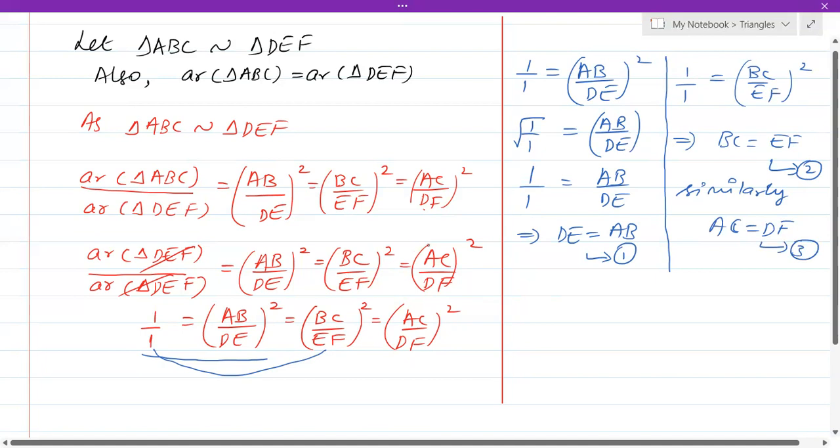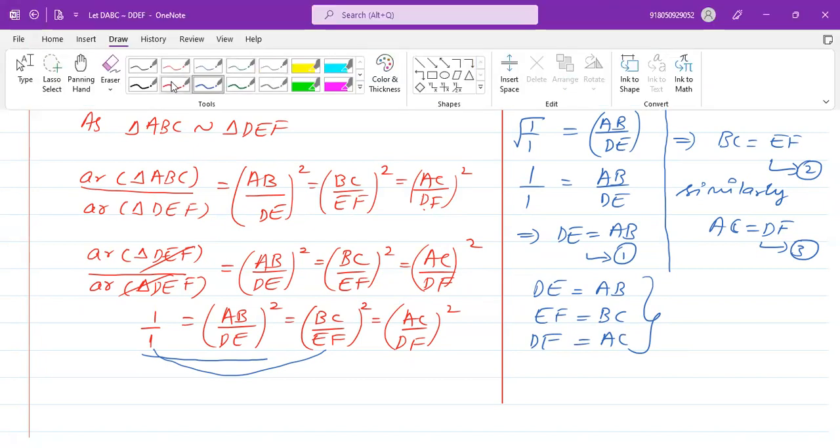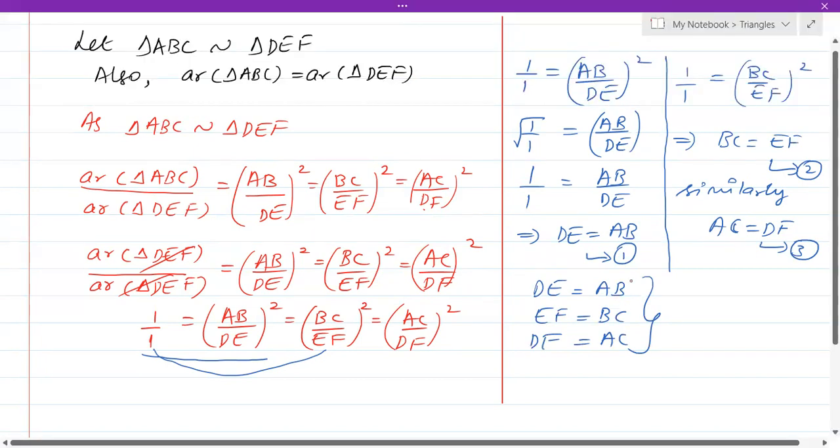Now, if you observe equations 1, 2, 3, that is DE is equal to AB, EF is equal to BC, and DF is equal to AC. Now, what is this? AB, BC, and AC are 3 sides of one triangle.